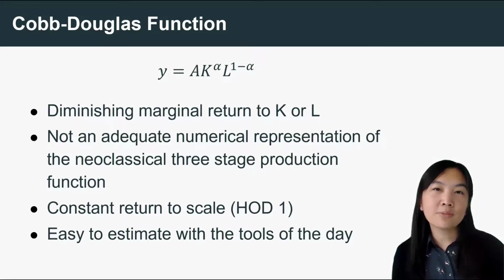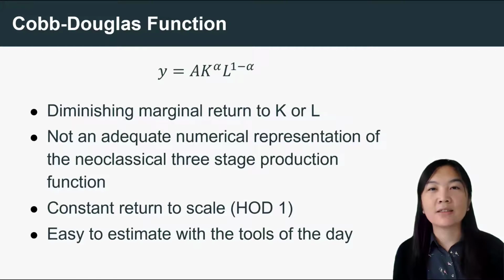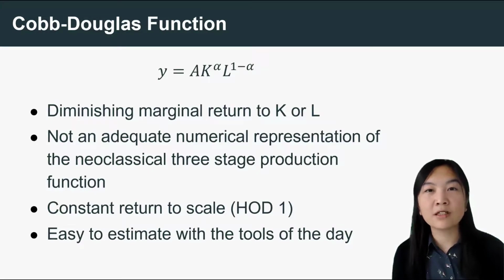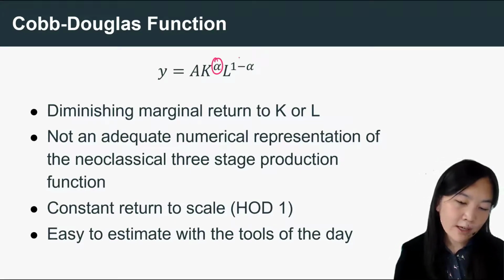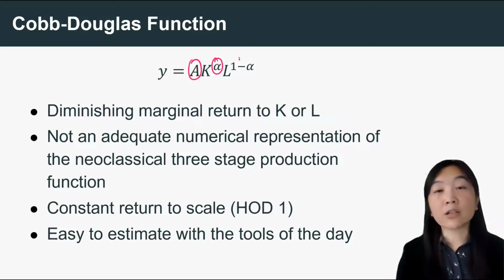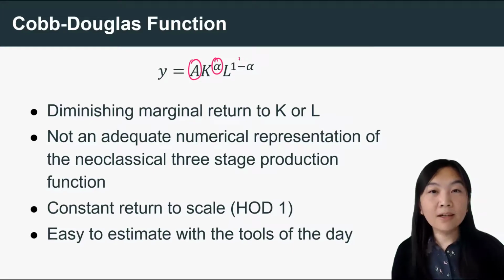The last point is that at the time, in 1928, this very simplified production function was easy to estimate with the tools of the day. Imagine at that time there was no computer, and if you had a lot of data and you wanted to estimate the parameters alpha and A, those two parameters, then you had to use some simplified forms so that you could make sure the calculation could be done.